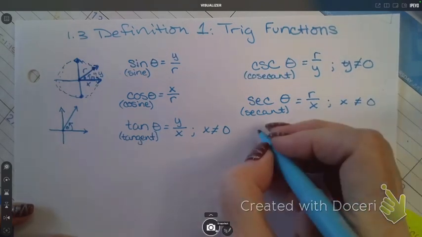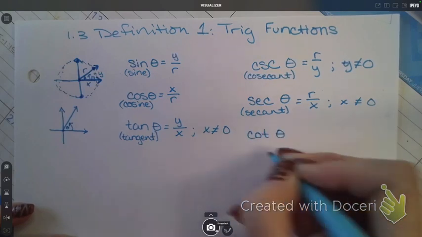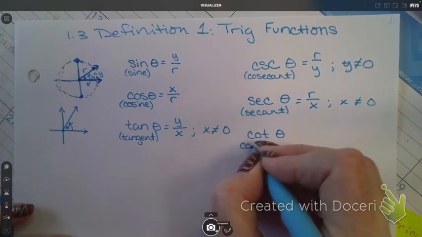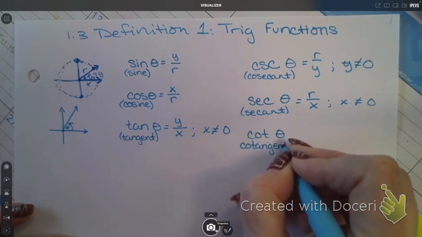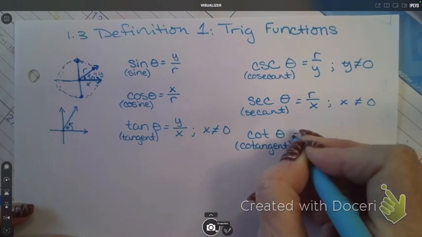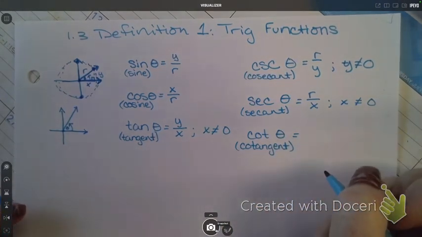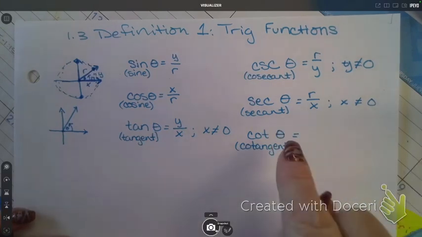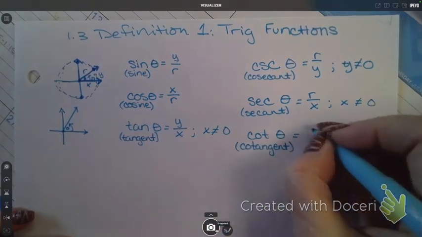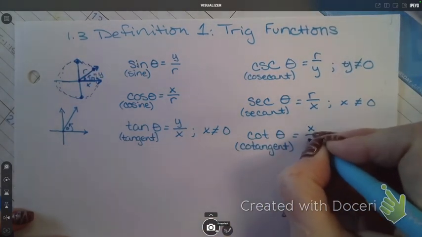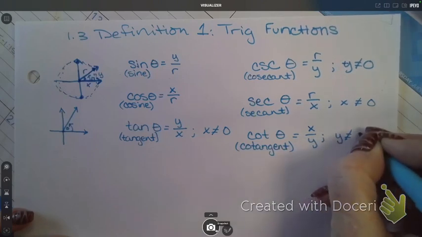So the last one we have is cotangent, or COT of theta. So that's just co and then tangent. It is the reciprocal of what? Well, tangent was y over x, so it would be x over y. And y cannot equal 0.